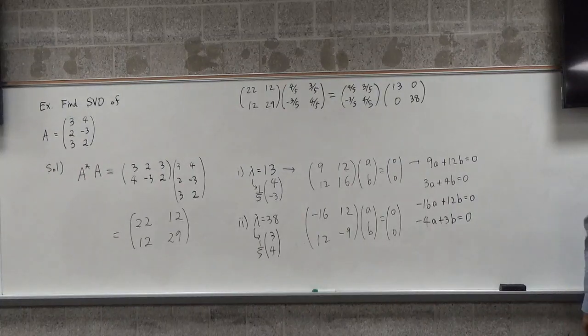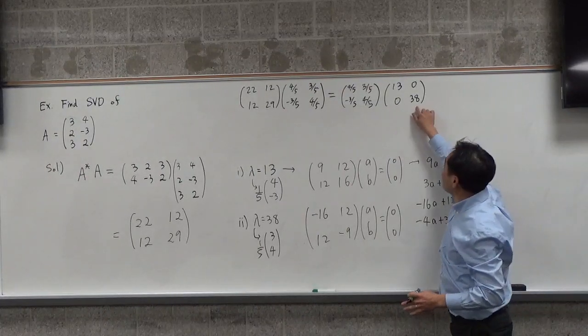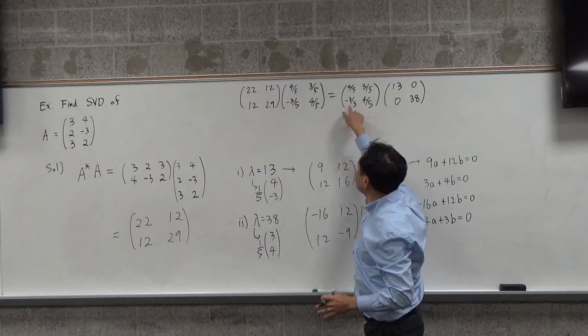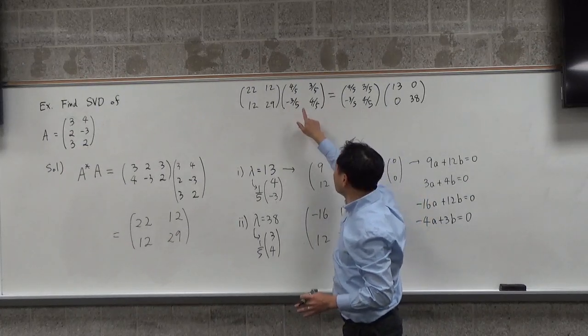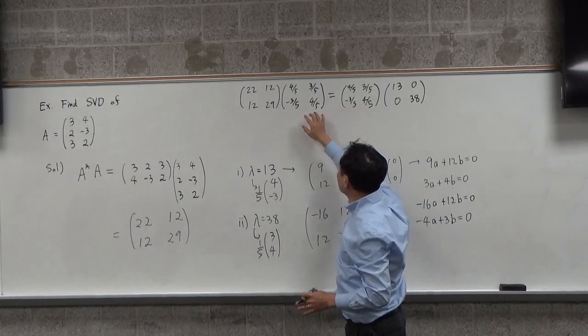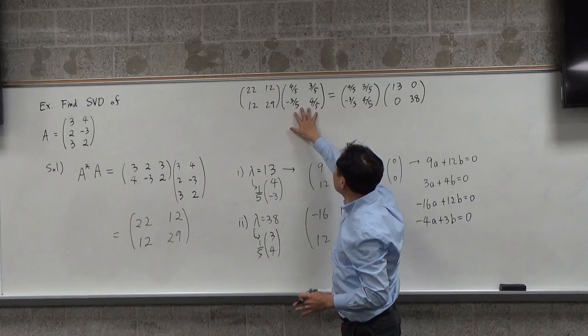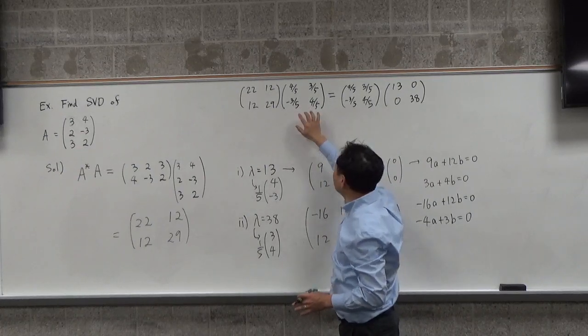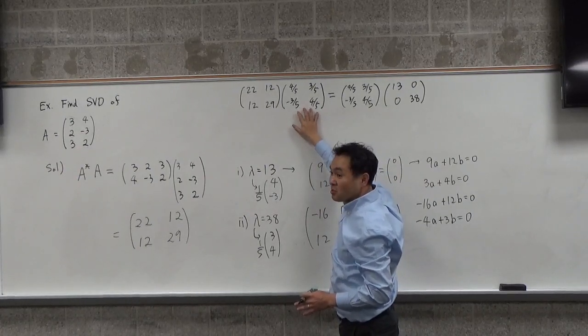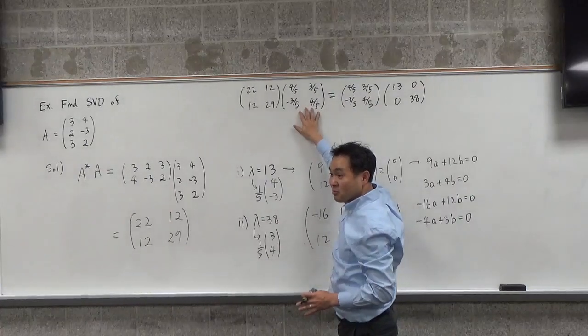But that is the diagonalization, because see, here is the diagonal matrix. This is the orthogonal matrix. So you can multiply. See, orthogonal matrices have the transpose itself as the inverse matrix.